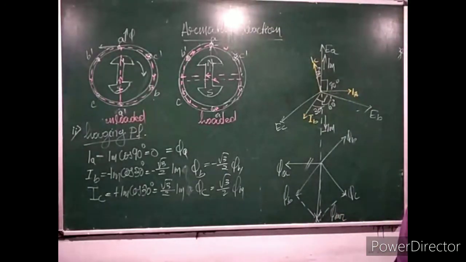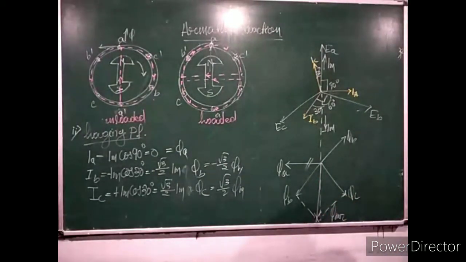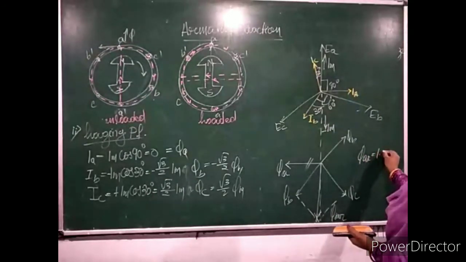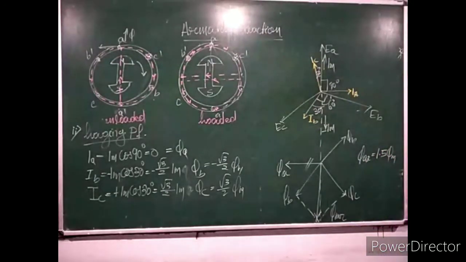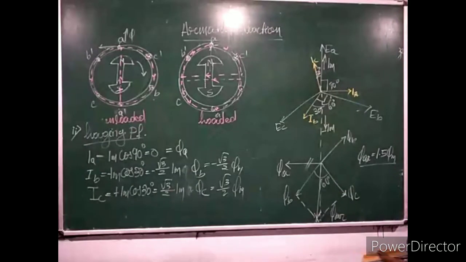If you calculate the resultant magnitude, you get phi AR is 1.5 phi m. This value never changes. This value is constant. This is the average flux produced by the armature conductor. This angle is 60 degrees total.